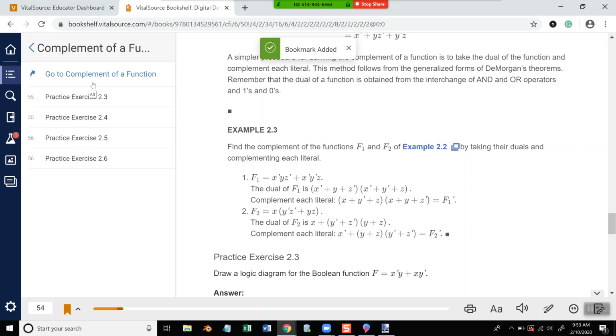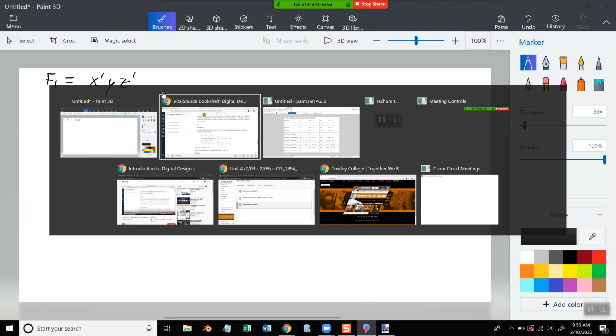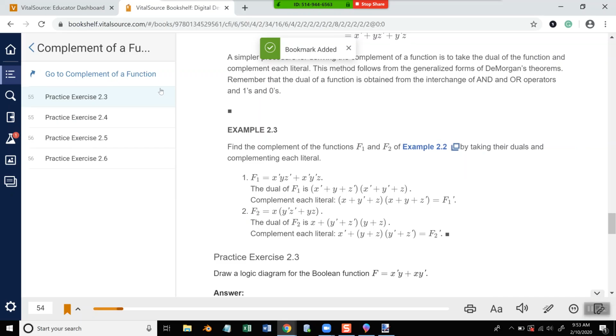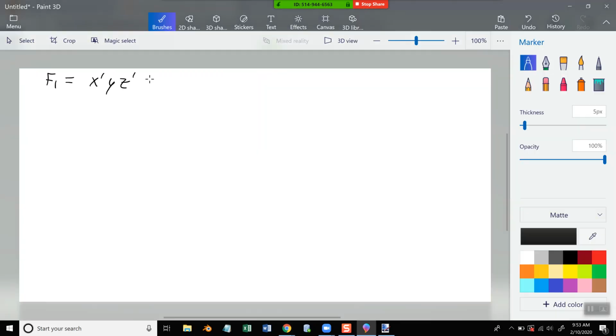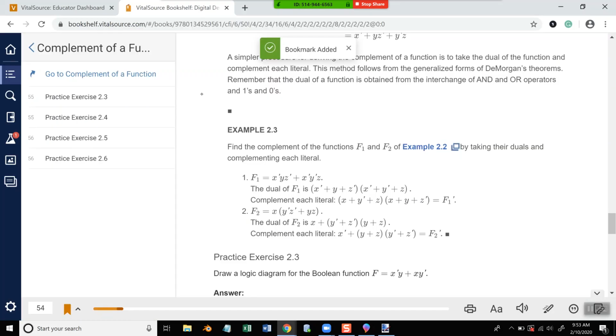So I got x prime, y, z prime plus x prime, y prime, z.